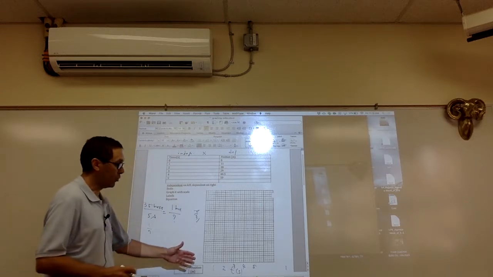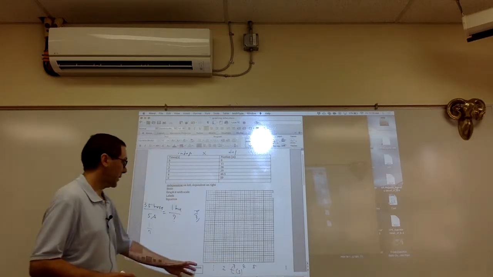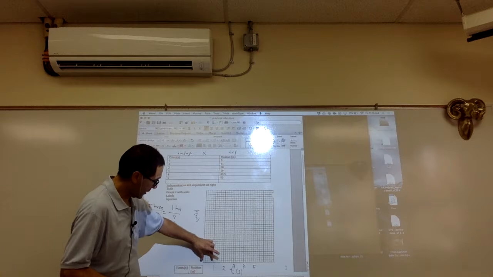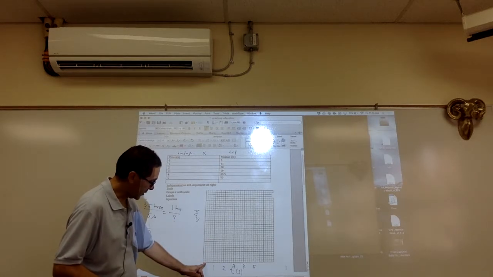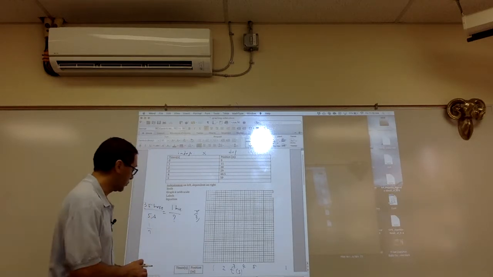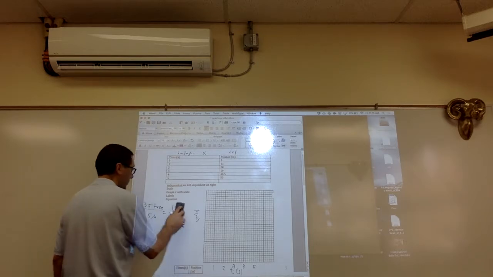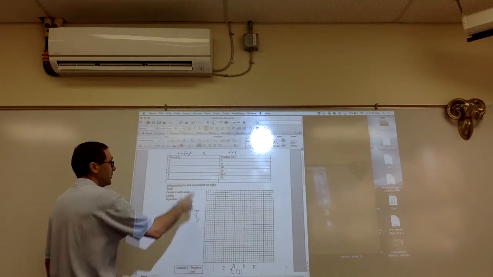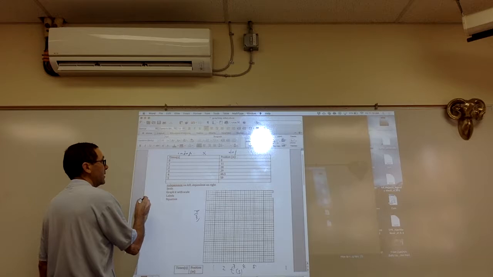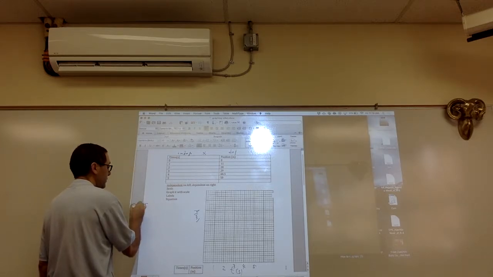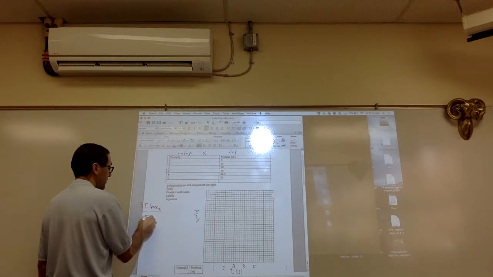Now you want to use up most of the space you're given, but don't just try to squeeze yourself in here. In other words, don't make just this 1, 2, 3, 4, 5. It's too tiny. So you've got to use up most of your space. On the other side, I have 35 tiny boxes, and I need to fit 50 meters in there.